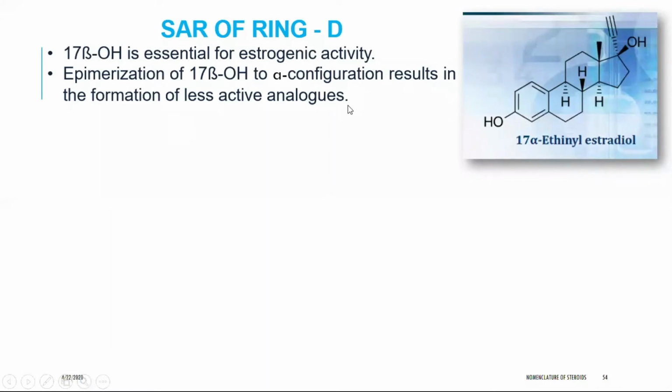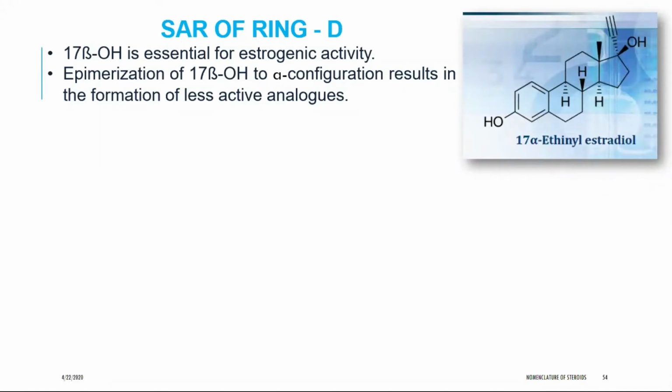Now we have to understand the word epimer. They are epimers of each other, that means both epimers have a different configuration. For example, the hydroxy group of 17 ethyl estradiol has two choices. Either the hydroxy group is at the alpha position, meaning behind the plane, or at the beta position, meaning above the plane.